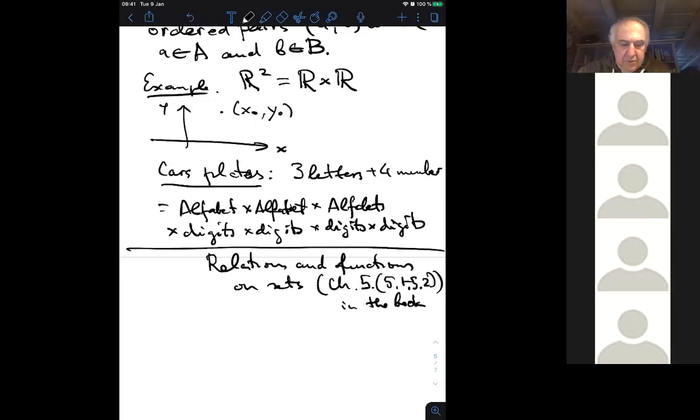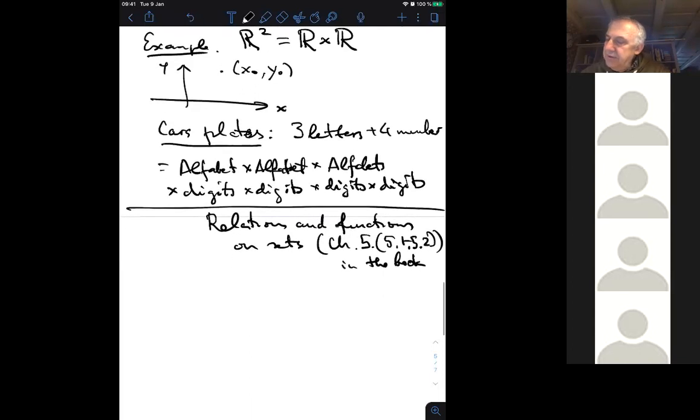So often we have relations between elements of a set or between elements of two different sets. The trivial example would be, if we're taking males and females, then the relation could be being engaged or married.